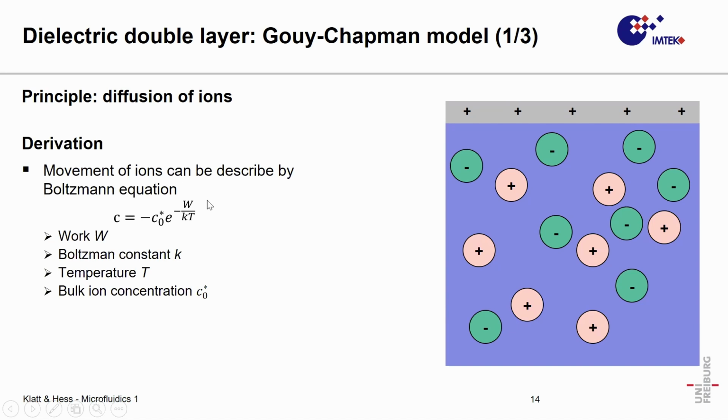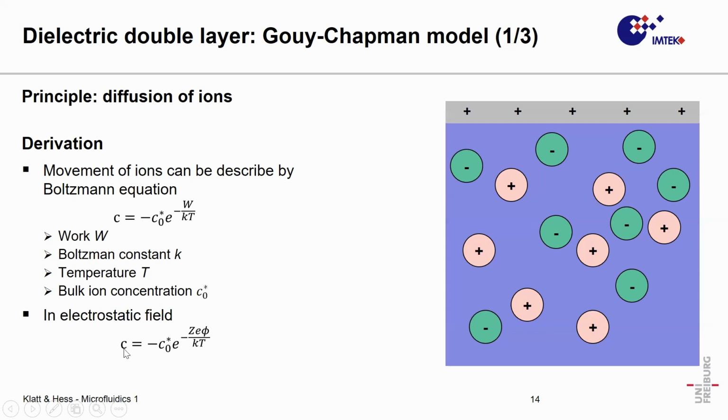And to describe this model and the electric potential, we need to work with the Boltzmann equation, and specifically the Boltzmann equation in electrostatic fields, which is described down here.